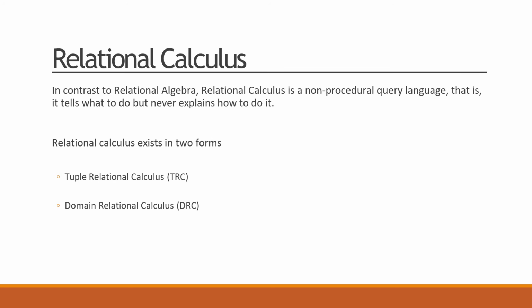Then comes relational calculus. In contrast to relational algebra, relational calculus is a non-procedural query language. That is, it tells what to do but never explains how to do it. So here we have two forms: tuple relational calculus and domain relational calculus.